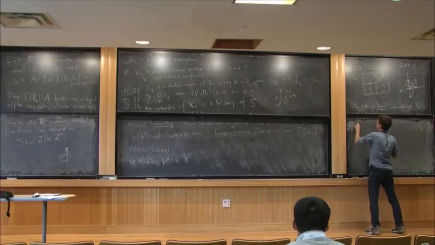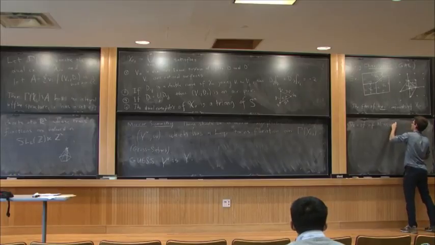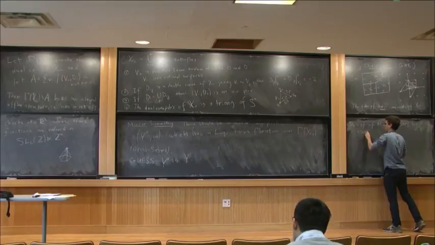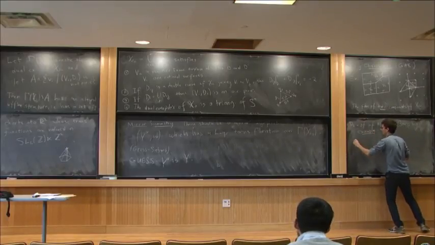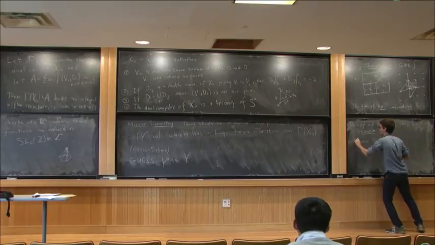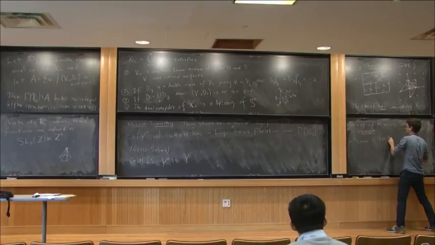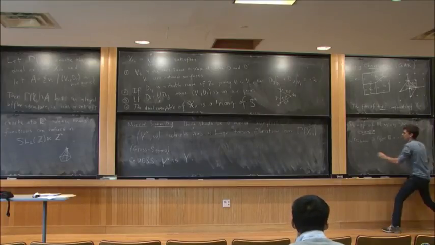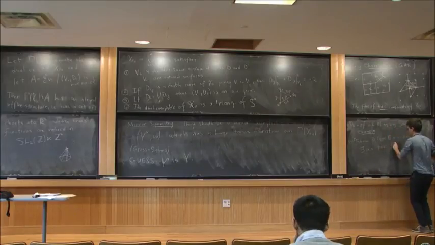Okay, so proof of missing step by example. Recall, we want to show there exists a type 3 anti-canonical pair if there exists an anti-canonical pair YD.